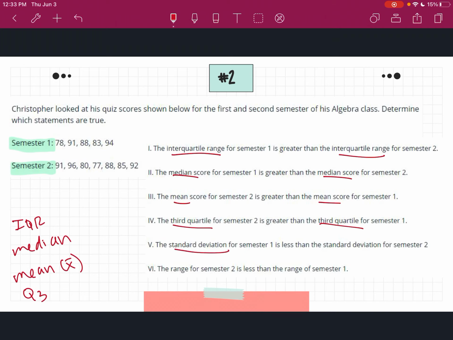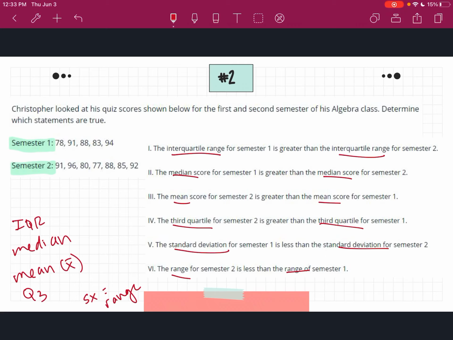The standard deviation for semester 1 is less than standard deviation for semester 2, so we're going to need that, Sx. And then the last one is the range, so we're going to need the range for all of them too. So you're going to do all the ones for semester 1 first, and then semester 2, and that will help you make the decisions here.